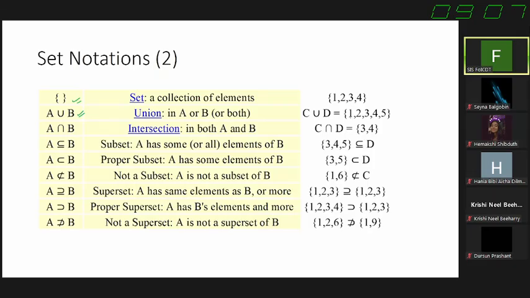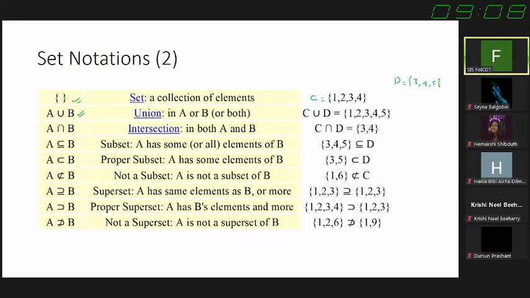Assuming D could be, let's say, for example, 3, 4, and 5. And for example, C could be this, right? So the union of C and D would be 1, 2, 3, 4, 5. The intersection would be 3, 4.